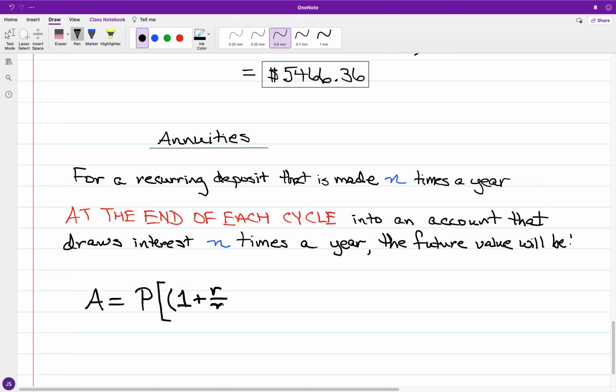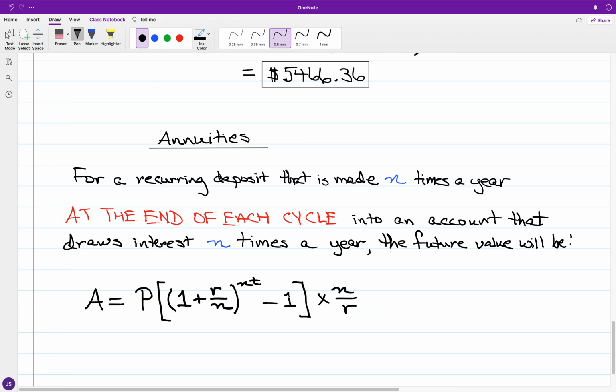In fact, this looks like an amalgamated version of the compound interest formula concerning future value, and essentially it is. So you have P times, in brackets, the quantity of 1 plus r over n to the n times t, minus 1, times n over r. So that's going to be your annuity formula.